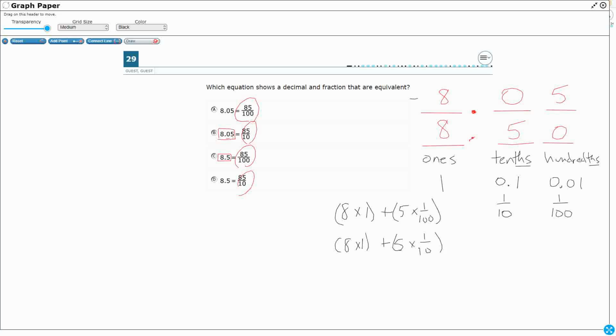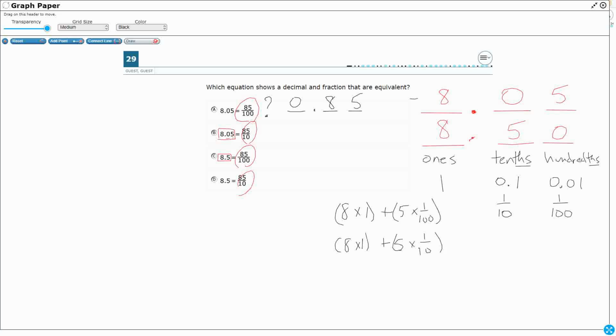Well, take a look at some of these answer selections. Take a look at this one, 85 over 100. You notice how that's a regular fraction or a proper fraction? So this 85 over 100, if I wanted to write that, would be 85 hundredths. Now, that doesn't match either of mine right there.